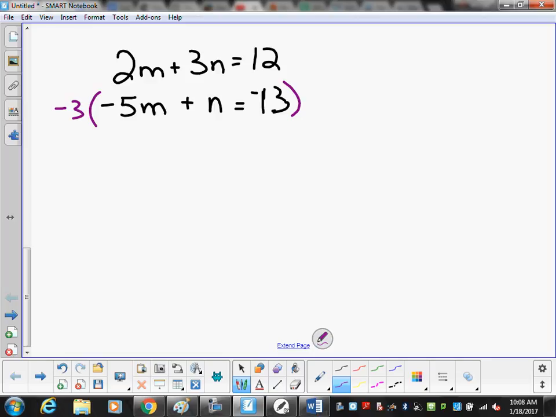Okay, and then you distribute that -3 to the entire equation. So 15m minus 3n equals 39. Now that's the equation you're going to add to the first equation.